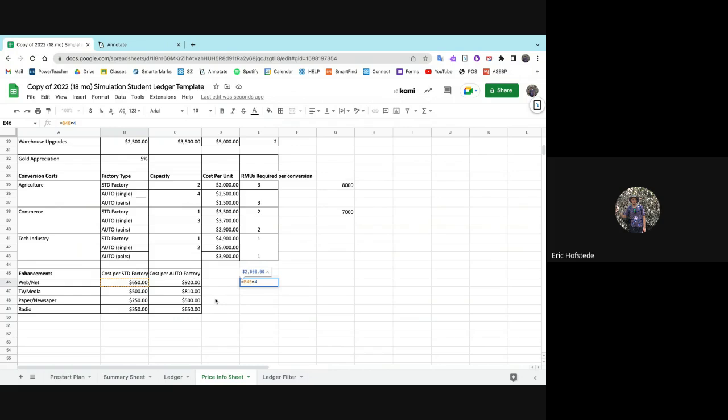So it's going to be charged per every factory, regardless of the type, regardless of what conversion form I sent it on. This is always every single standard factory in your possession and every single auto factory in your possession. So if I had an auto, I would also have to add that cost in. But right now it's costing me $2,600 per ad, but I bought 2 of them, so it actually adds up to $5,200.